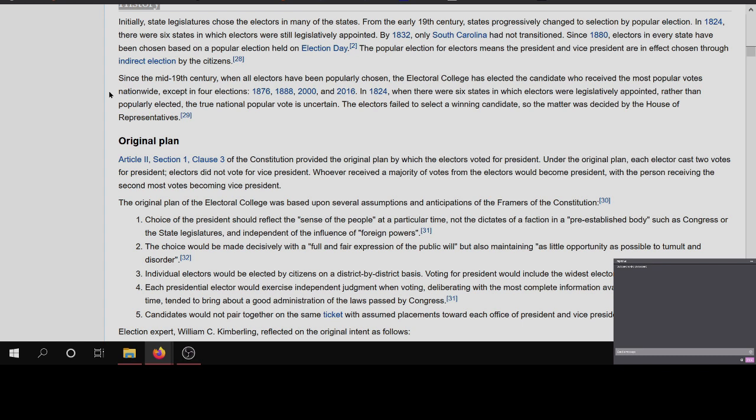In 1824, when there were 6 states in which electors were legislatively appointed rather than popularly elected, the true national popular vote is uncertain. Electors failed to select a winning candidate, so the matter was decided by the House of Representatives.